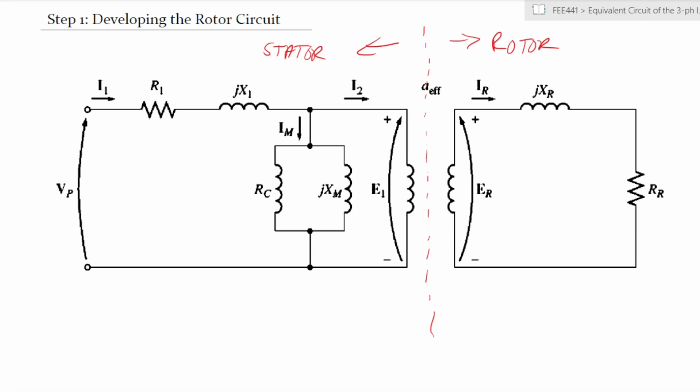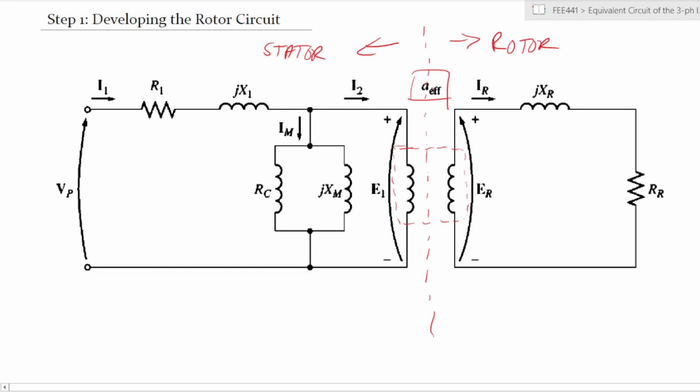As we look at those, we will notice that our ideal transformer, where the induced current crosses over from the stator to the rotor, is represented here by transformer windings, which have an ideal characteristic: they have no resistance, no inductance, and there is an effective turns ratio denoted by A. That is the ratio between the windings.